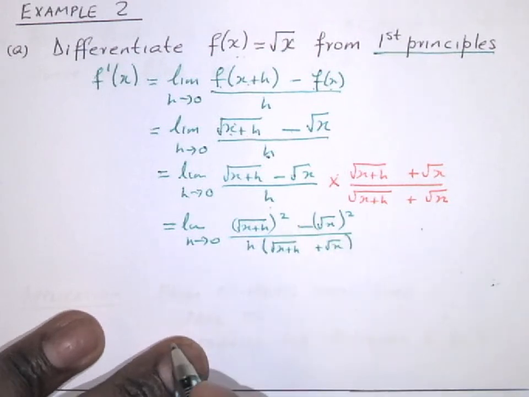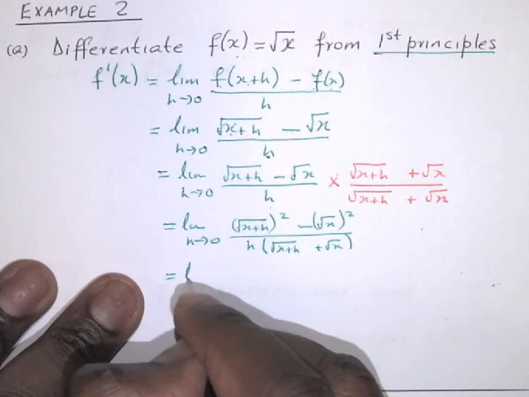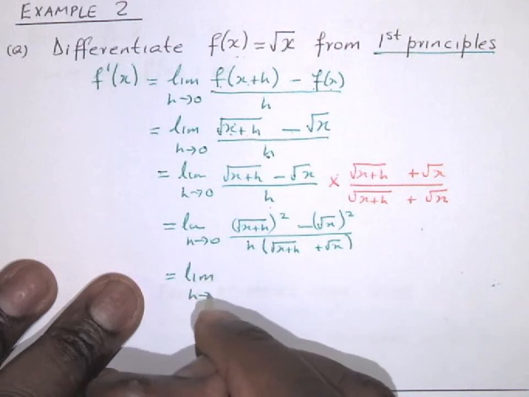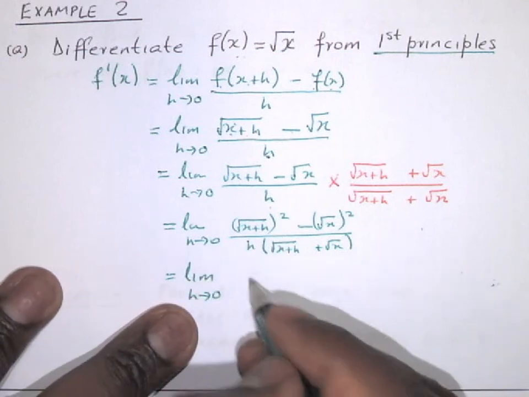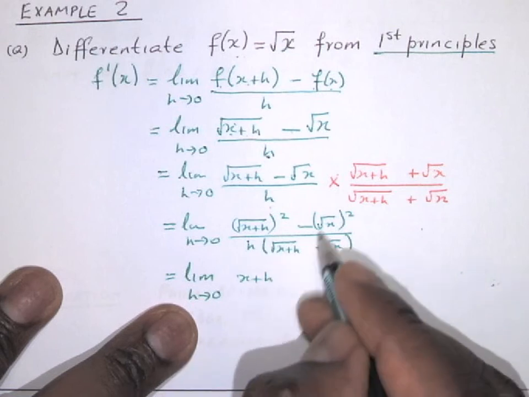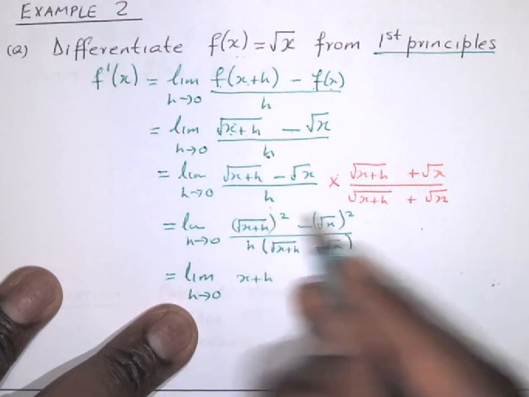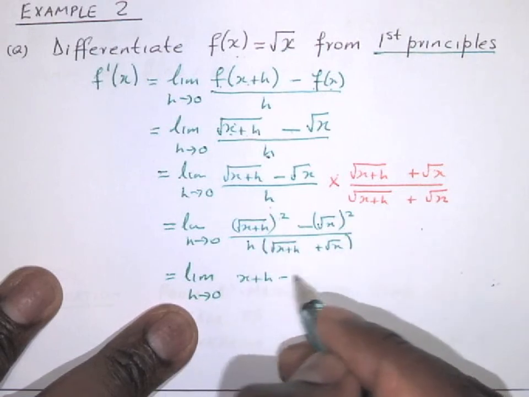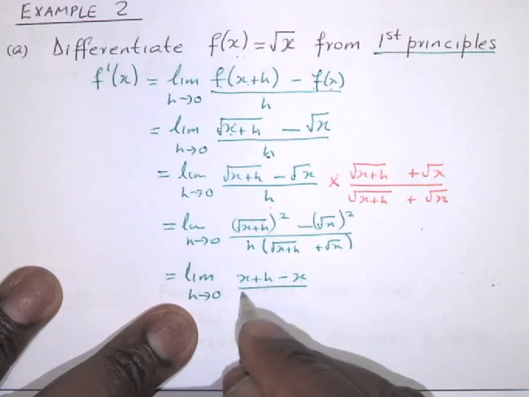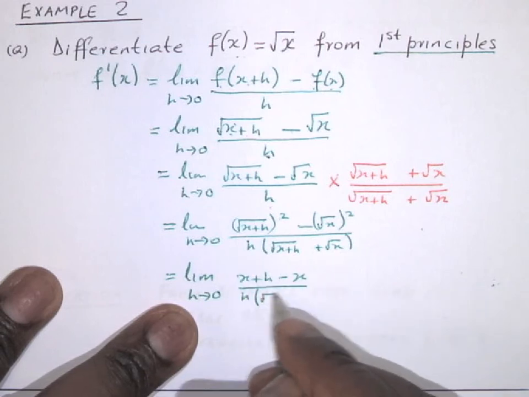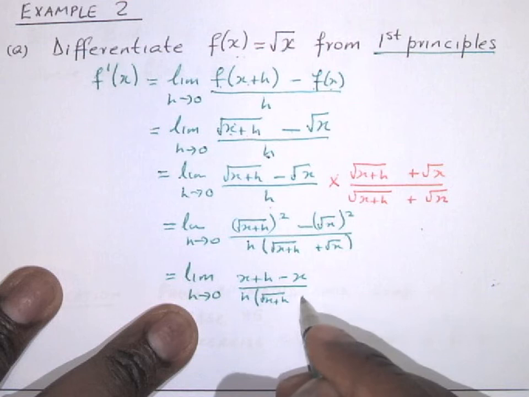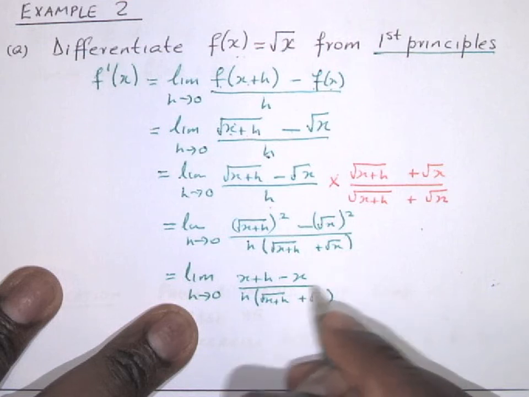If I simplify the top, what do we get? The limit as h approaches 0 of x plus h, because that is squared, it gets rid of the root, minus x, over h into the square root of x plus h plus the square root of x at the bottom.